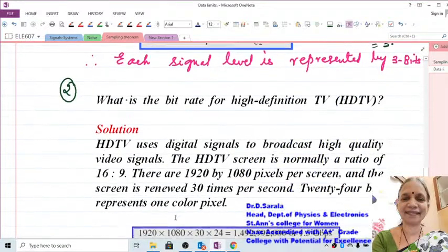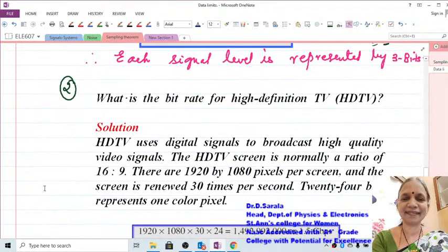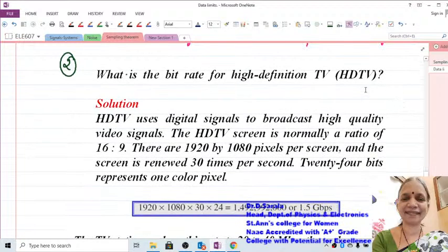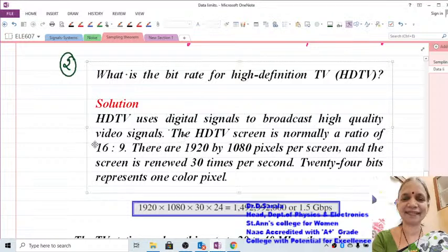Okay. Another interesting example is the bit rate for high definition TV, HD TV. Nowadays we are all talking about HD TVs. It uses digital signals to broadcast high quality video signals. This screen is normally a ratio. Usually when you go to buy a TV, they will say that the aspect ratio is 16 by 9.